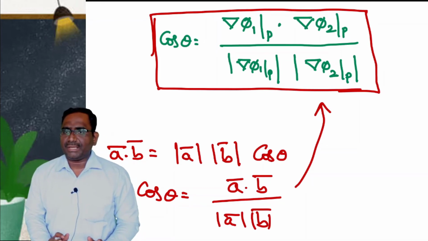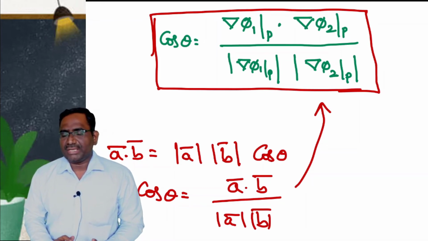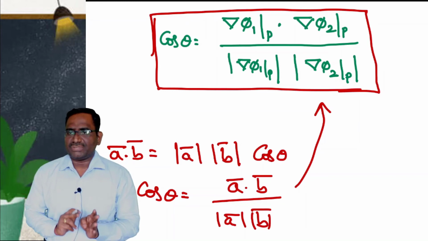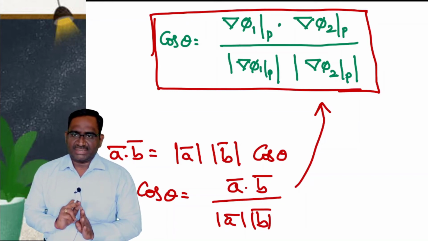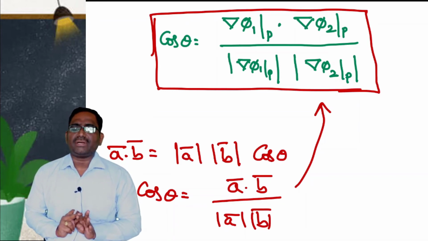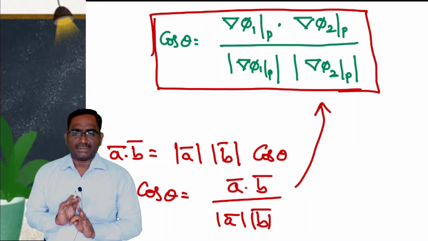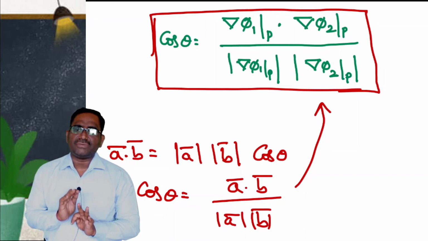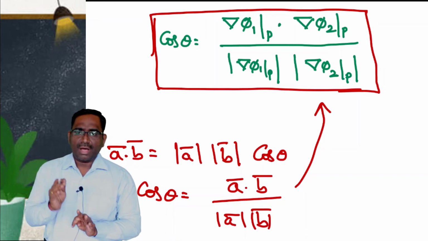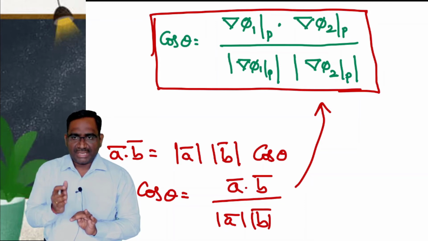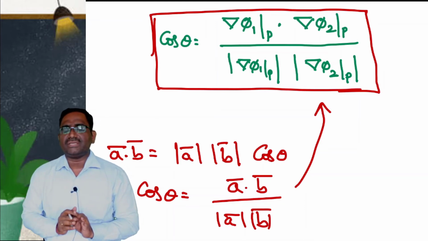Again, I am repeating. The first one is the normal vector, which is del phi. The second one is the unit normal vector at that particular point, del phi by modulus of del phi. The third one is the most important definition, which is the directional derivative of the level surface in whatever direction the vector is given.